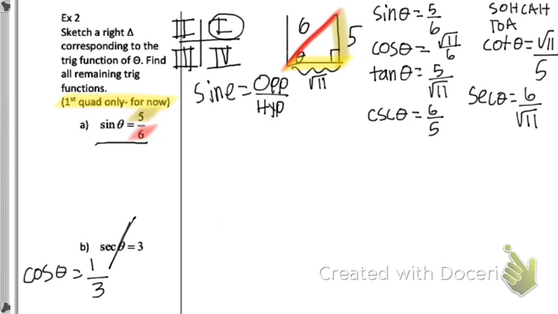So cosine of theta. Remember, cosine is adjacent over hypotenuse. So 1 will be here, adjacent. Here's theta, by the way. And the hypotenuse will be here, the largest side. Let's highlight it. So this is adjacent, and the hypotenuse is 3, just here.